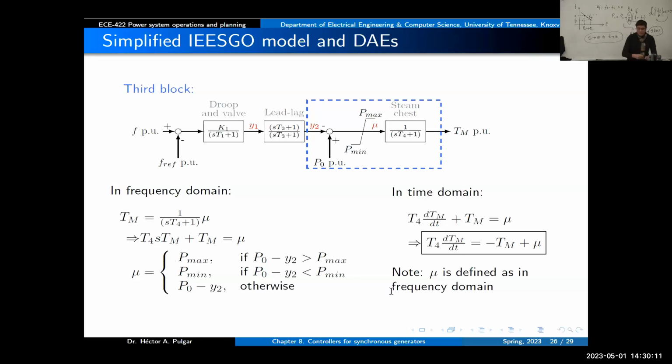So bottom line, for this simplified model, we're going to get three differential equations, one for each block. And for the lead lag, we're going to have an additional equation, which is algebraic. For the last block, we also have a variable mu, which is algebraic and defined in this fashion. So we need to monitor where P0 minus Y2 falls, because then mu might take any of these three values.